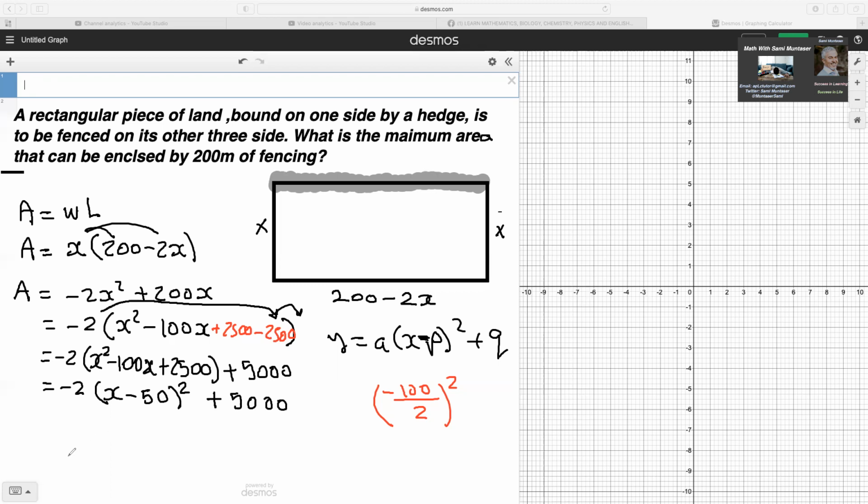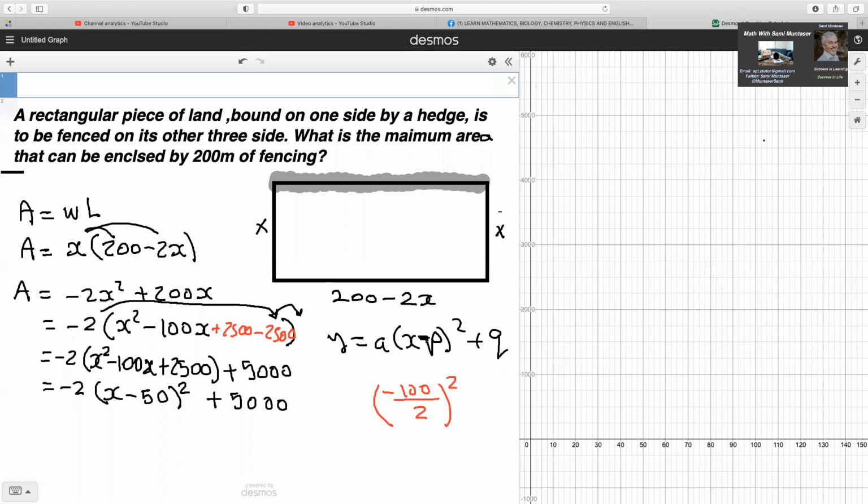Now, if I'm going to plot this, I'm going to change my window right here. I'm going to change my scale on the x and the y axis. Now that I've changed my scale, the first thing is to find out what my vertex is.